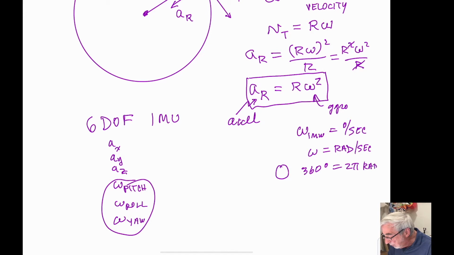So we want to convert degrees to radians: 360 degrees divided by 6.28 radians. That's 57.3 degrees per radian. So we're going to divide the gyroscope number by 57.3 to get omega in radians per second.